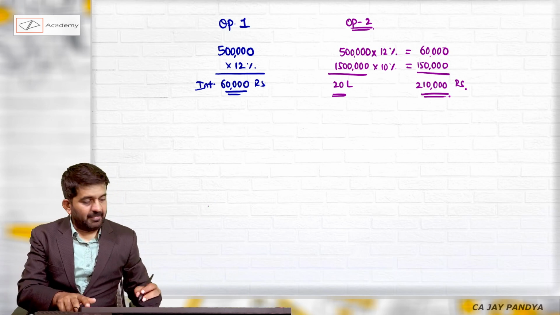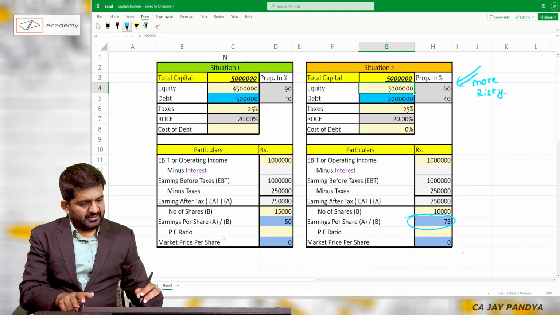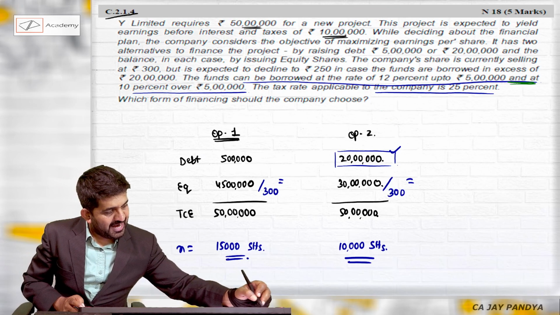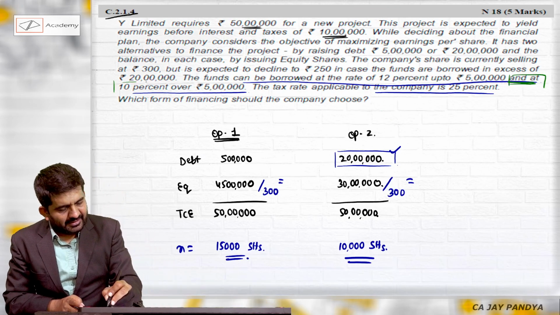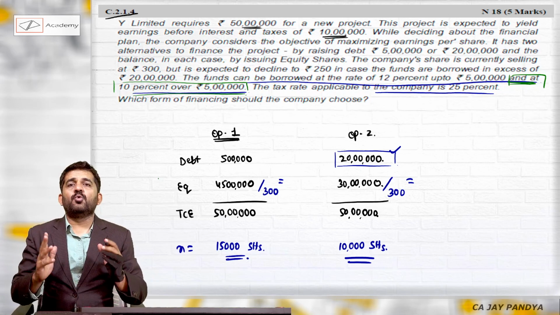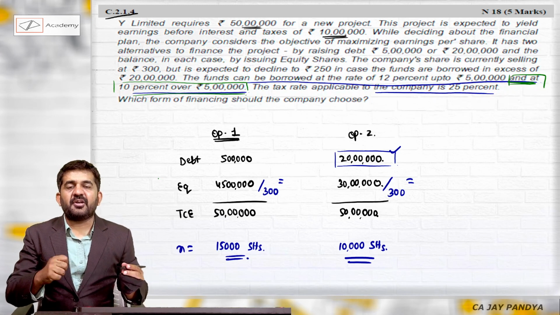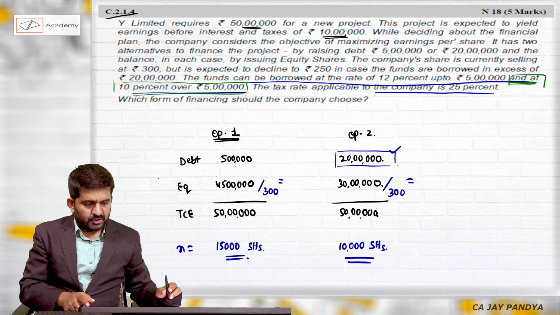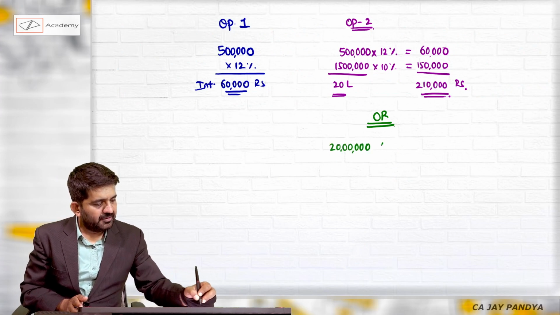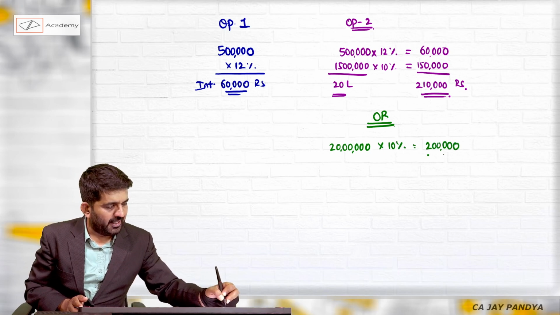Please understand, by reading the question, you can also interpret this differently. And at 10% over 5 lakhs, what does it mean? Whatever you borrow, if the amount is over 5 lakhs, your interest rate will be 10%. So you may take this alternative view that it is 20 lakh multiplied by 10%, which is 2 lakh rupees and not 2,10,000 rupees.